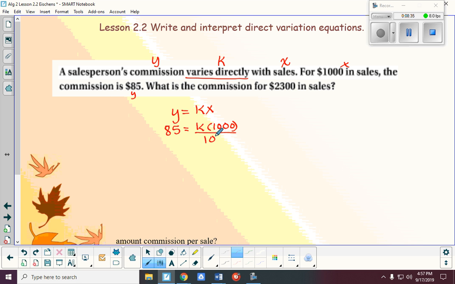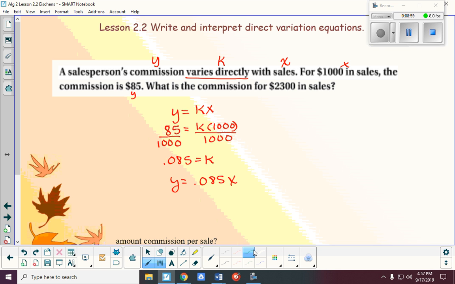So to solve, we divide. So k equals 0.085, which would be, if we move the decimal over, 8.5%. So the direct variation equation is y equals 0.085 times x, which is the number of sales.